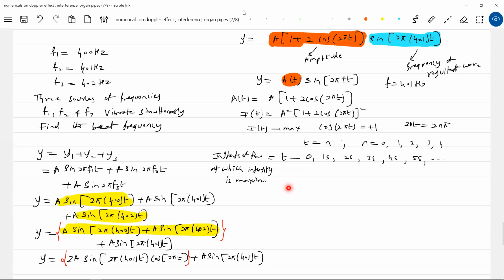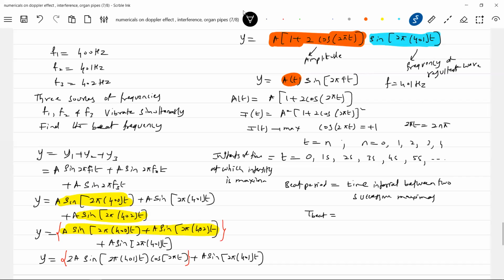So what is a beat period? How do you write beat period? Beat period is equal to the time interval between two successive maximas. This is the beat period. Now, what is it equal to? I think it is 1 second.